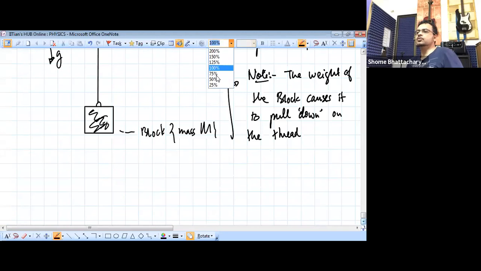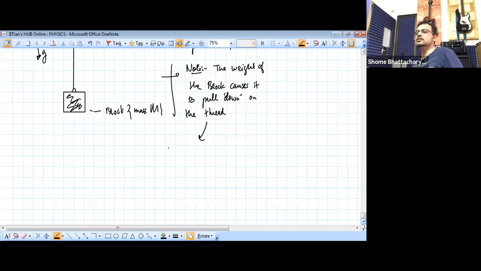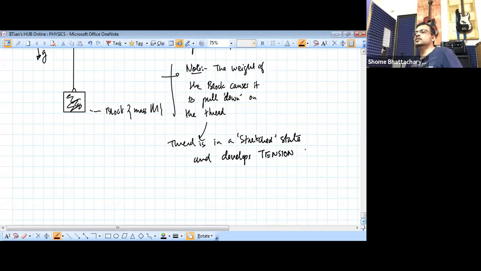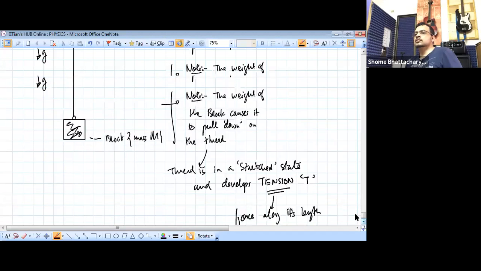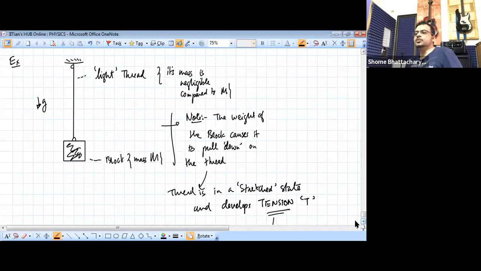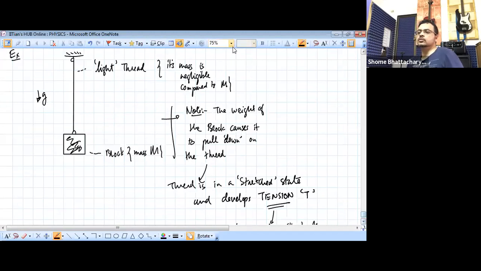So as a result of this weight of the block pulling it down, the thread is in a stretched out state and develops tension. Let's say T. So what is tension again? It is a force along its length. So just write down up to this point, then I will explain to you about that force more.